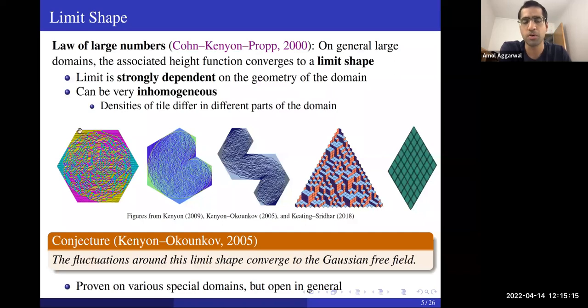But if I look in the corners, I'll basically just see one type of tile. The other two will be completely absent. So as I poke around different parts of the domain, I'll see different densities of these different tiles, and this is a form of heavy spatial inhomogeneity. These are two features of these lozenge tilings which make their asymptotic behavior fairly non-trivial.